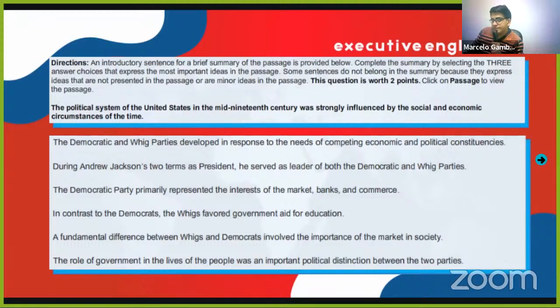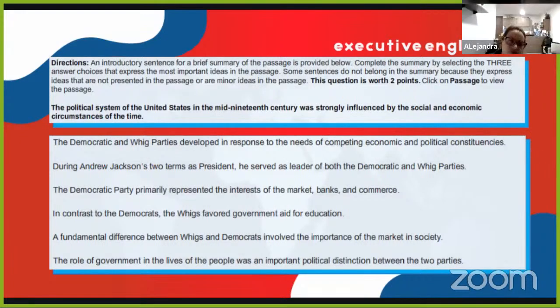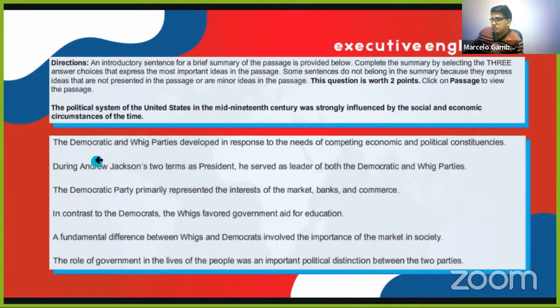So A is correct. Let's go to B. During Andrew Jackson's 2 terms as president, he served as the leader of both Democratic and Whig parties. Is it true? Is it not? False. It's false because he didn't serve as the leader of both.